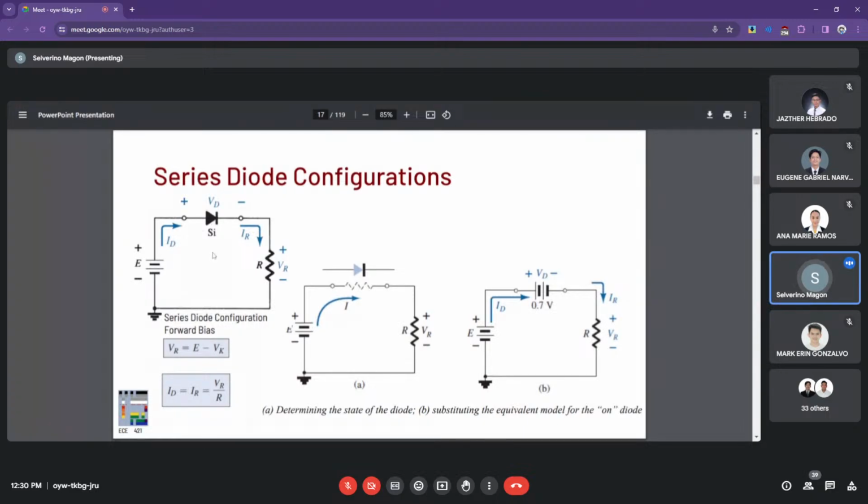And if this is identified as silicon, then you have 0.7 volts right there. And then you can obtain directly the value of the VR, right?